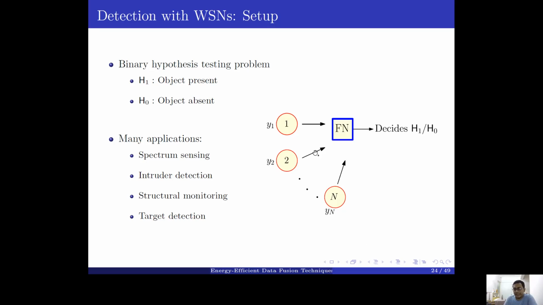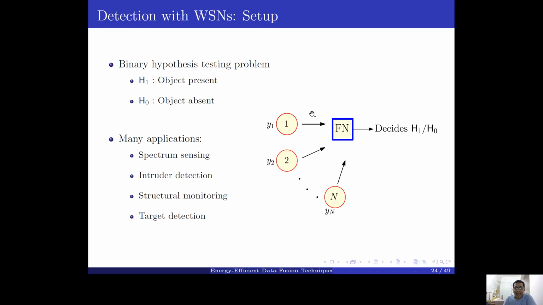In this framework, there are n sensor nodes which make measurements y1, y2, up to yn. They transmit to the fusion node, which, based on the received measurements, decides between H1 or H0. Here H1 can denote the presence of an object, and H0 its absence.